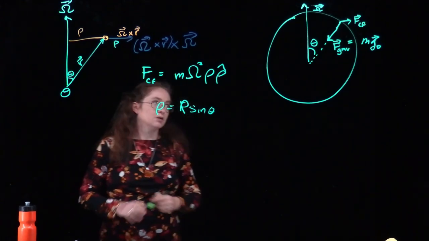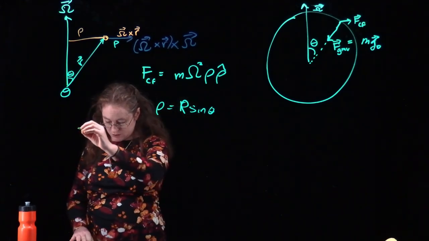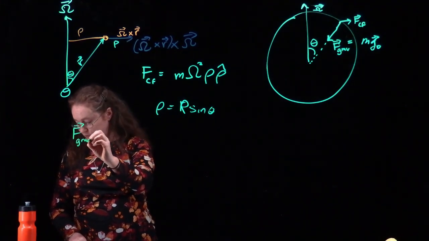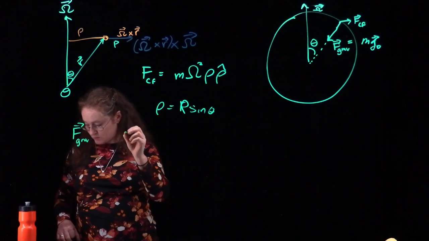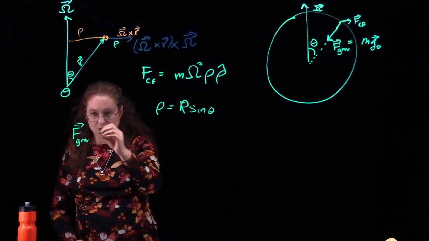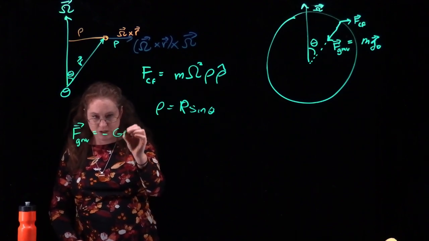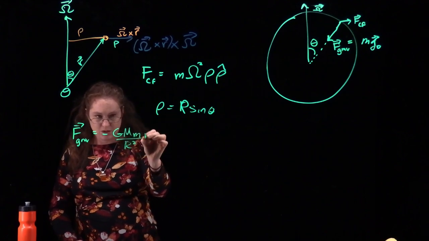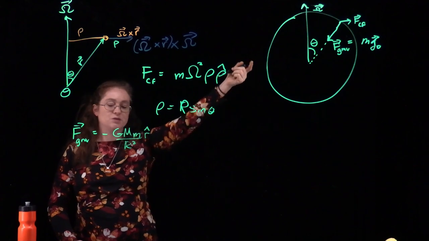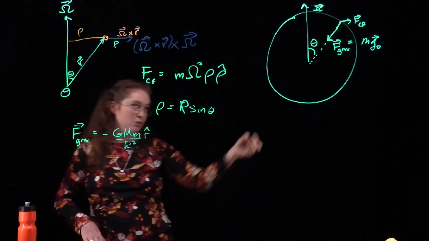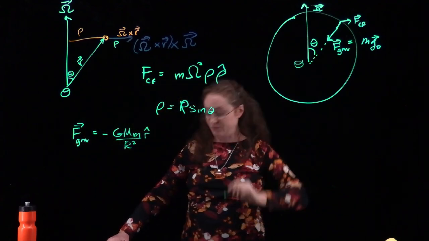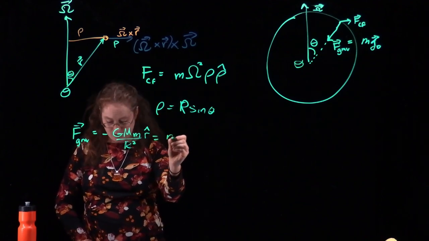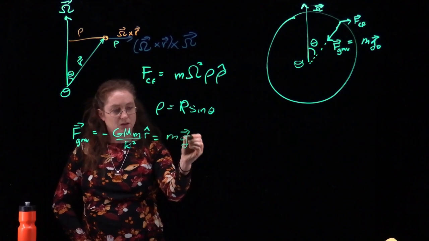And for good measure, we can write the true force of gravity as negative GMm over r squared r hat. It's always pointing towards the center. Our origin is the center of the Earth. And we'll write that mg r naught.